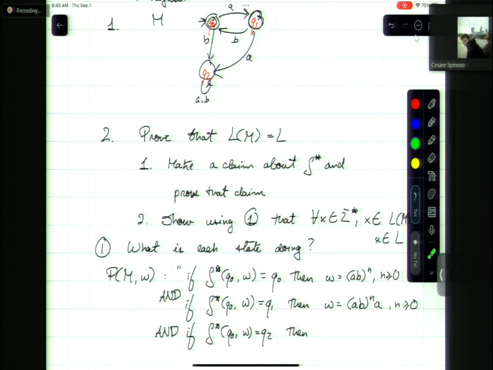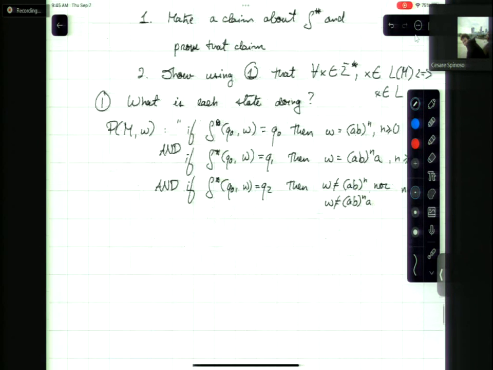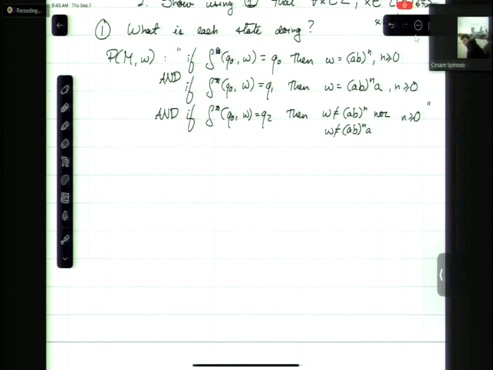And that's going to work just fine for the proof. Then W does not look like (AB)^n, nor does it look like (AB)^n A for any n greater or equal to 0. And this is going to be the statement that I'm going to want to prove.